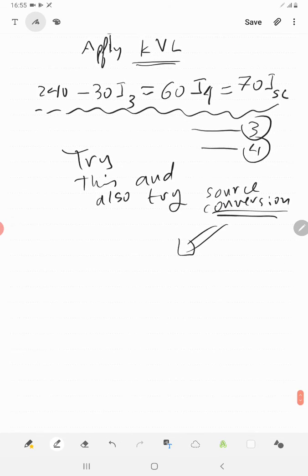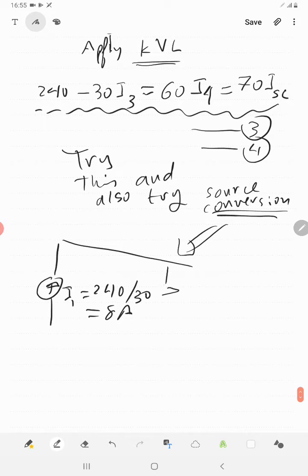240 divided by 30 will give you 8 amps in parallel with the 30.